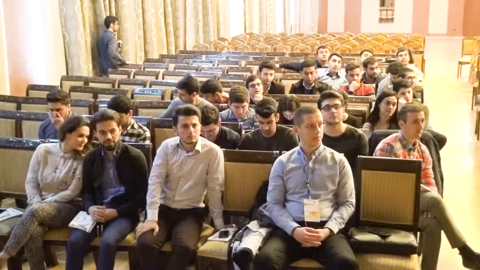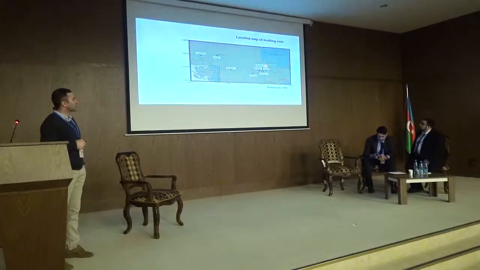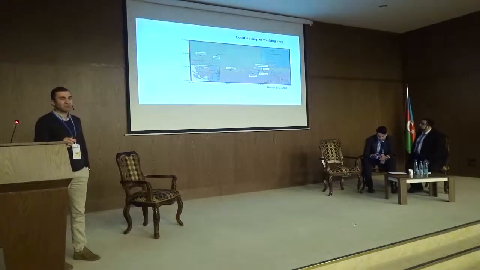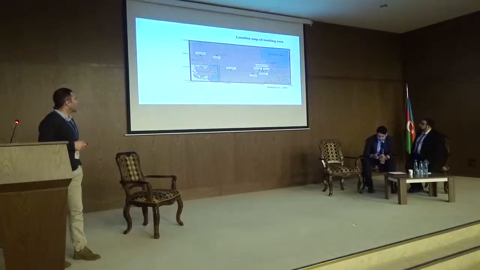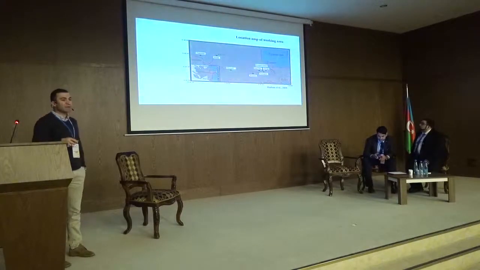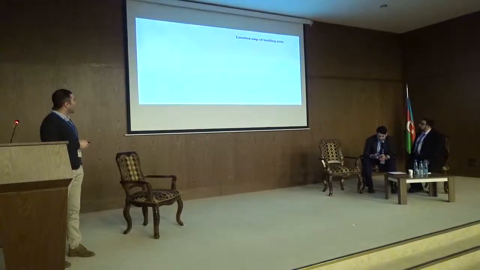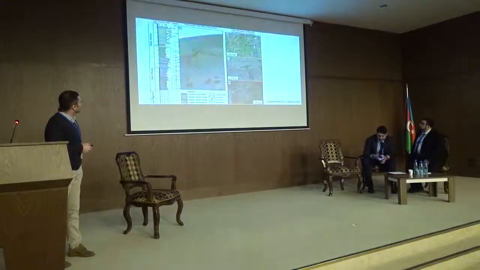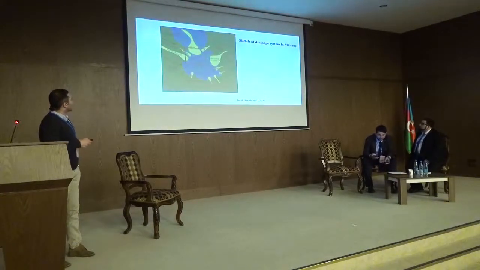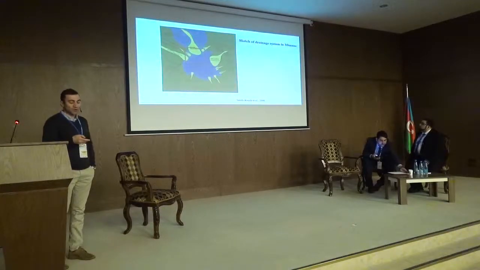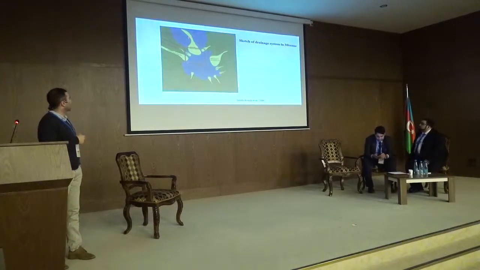We mainly focus on the Perküşkül area, which is very close to Baku. It takes just 1 hour from here, and we took some samples in order to reconstruct the provenance and climate.